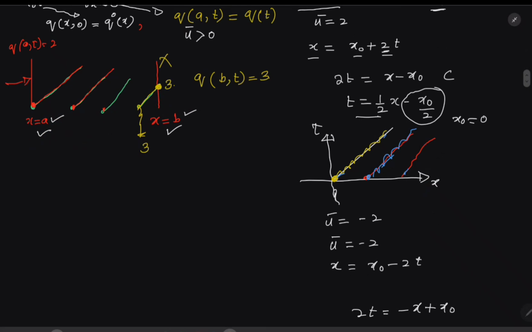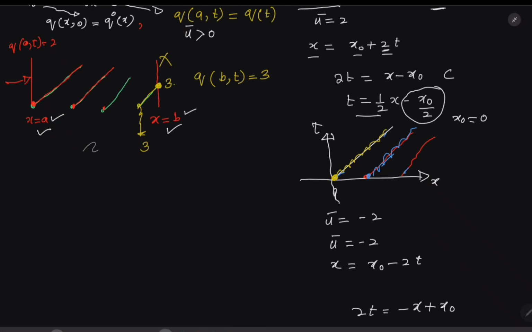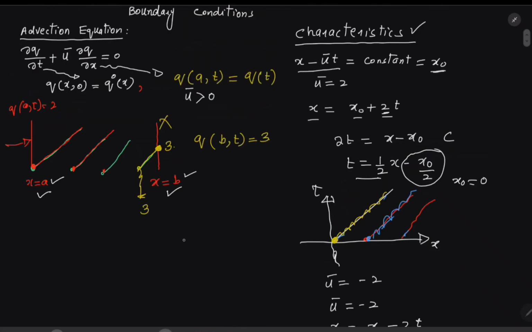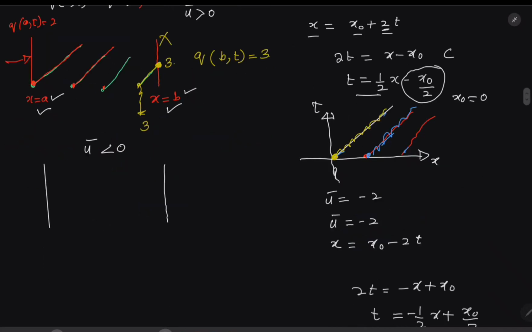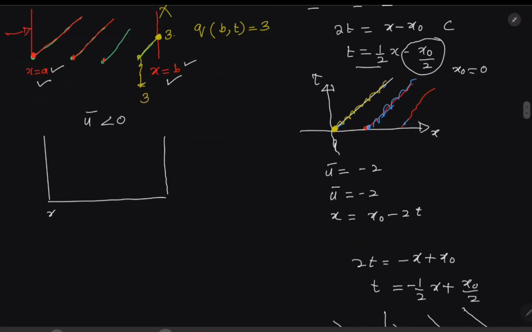Now look at another perspective. Suppose we have U bar less than 0. In that case, if we have a boundary like this, x is equal to a and x is equal to b, then all the characteristics will look like this with negative slope, and so on.